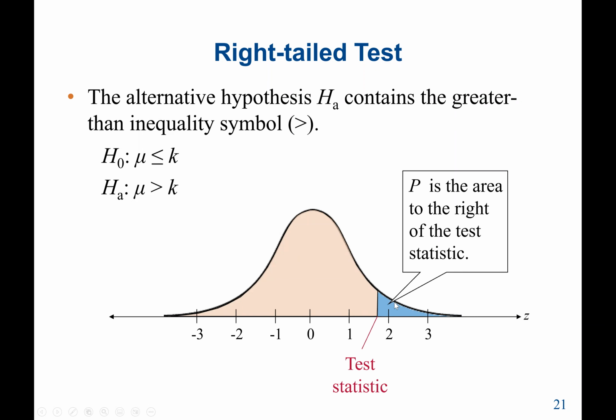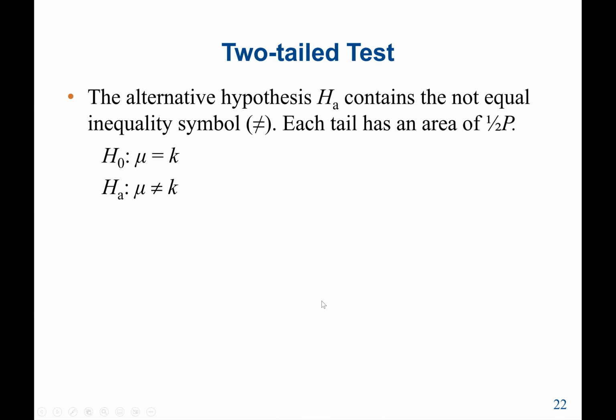The blue area normally will be the area where we are going to reject the H0. Then the brown area is where we are going to accept, again, the H0.